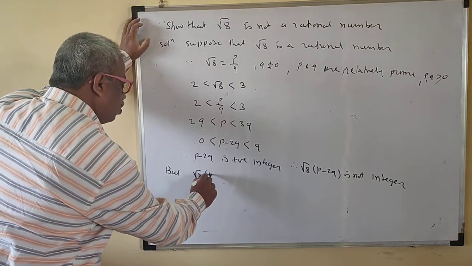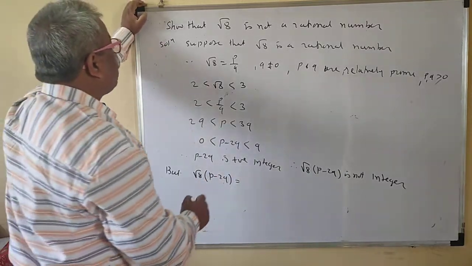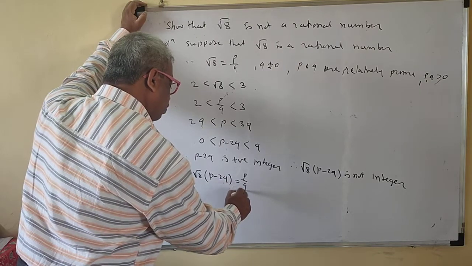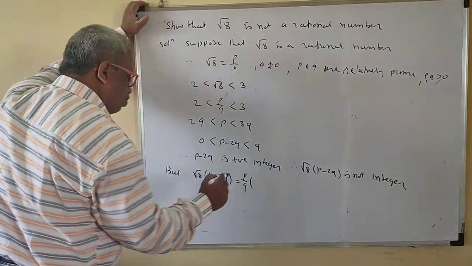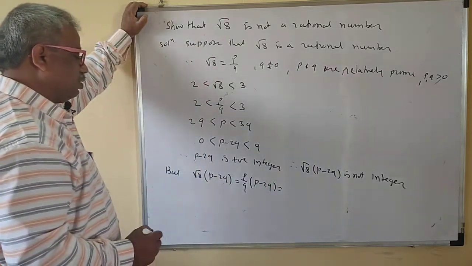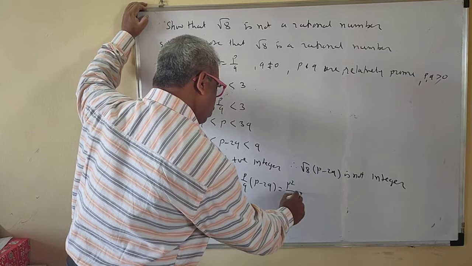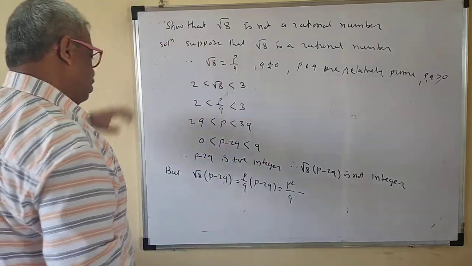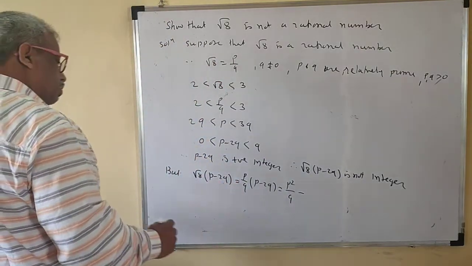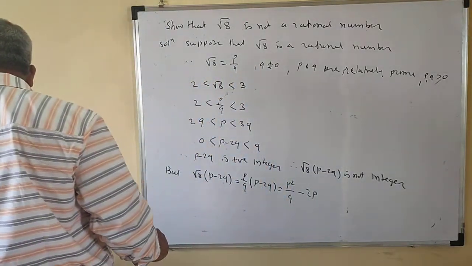Root 8 into P minus twice Q is equal to root 8 times P minus twice Q. What is root 8? This is P upon Q. Just multiply by this: P square upon Q minus twice P.